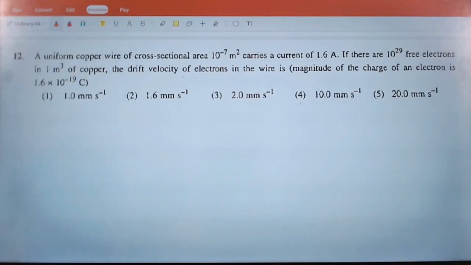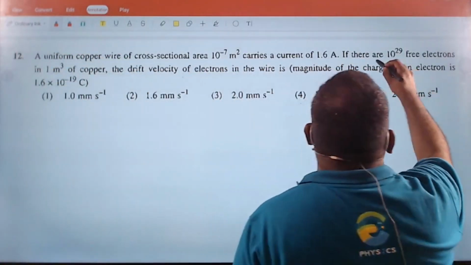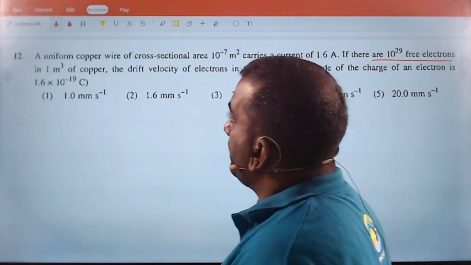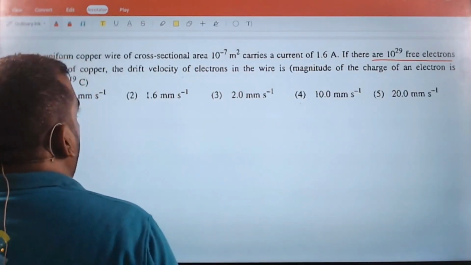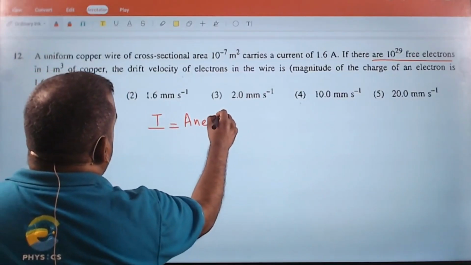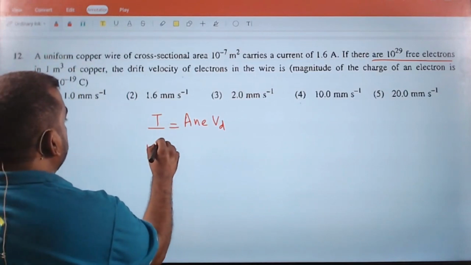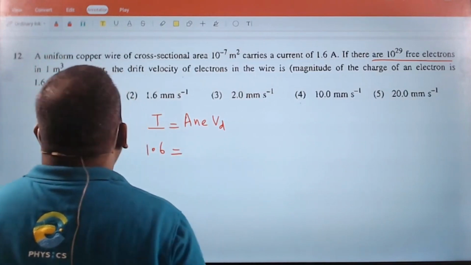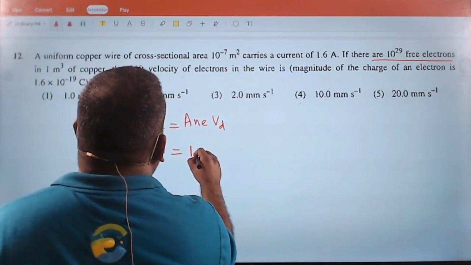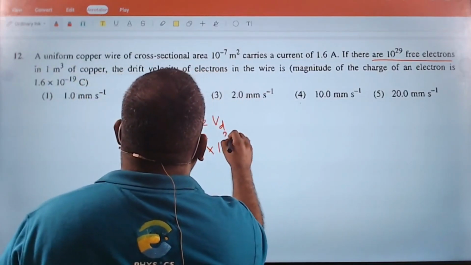MCQ 12. A uniform copper wire of cross section carries a current of 1.6 amperes. If there are 10^29 free electrons per cubic meter, what is the drift velocity? I is equal to n A e v_d. Current in the circuit 1.6 amperes. Cross sectional area 10^-7. n is 10^29.